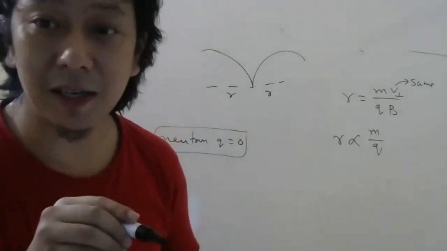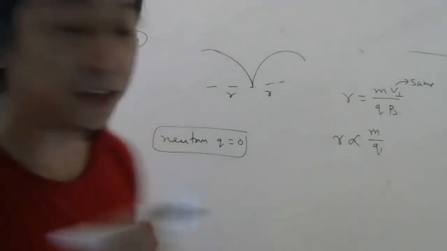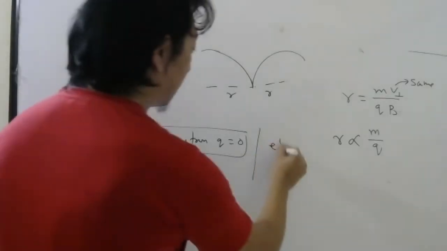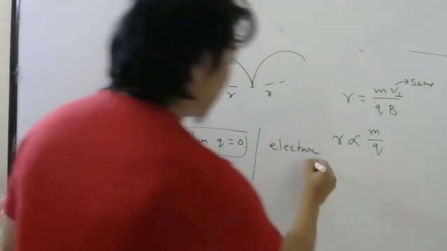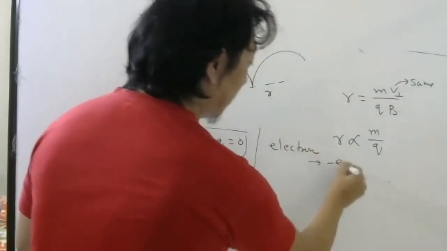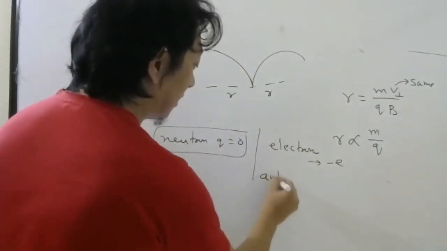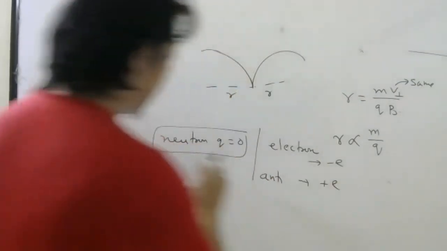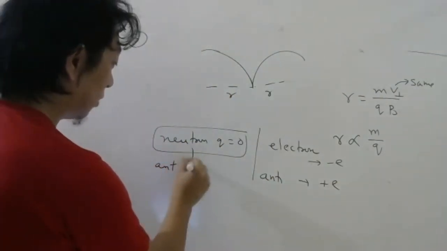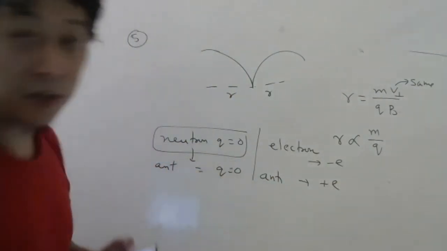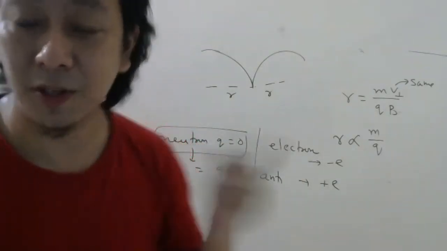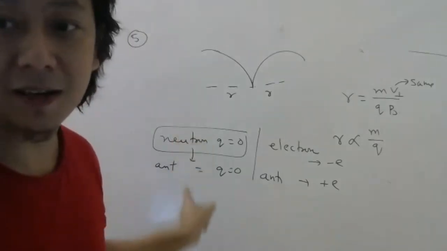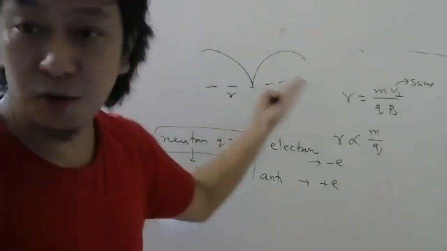Understood? So antiparticle of neutron will also have 0 charge. But if you take electron, its charge is minus e, and antiparticle will have plus e. But neutron's antiparticle will be 0 charge. So it is not necessarily particle and antiparticle, because neutron can also have antiparticle. For neutron, there will be no radius only.